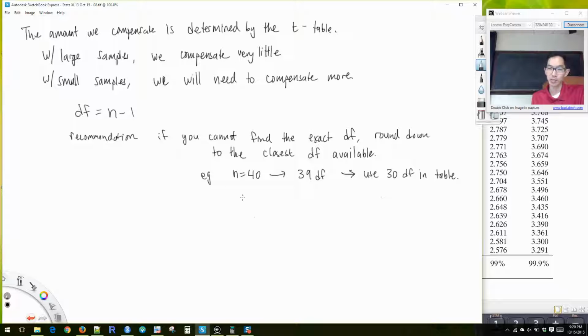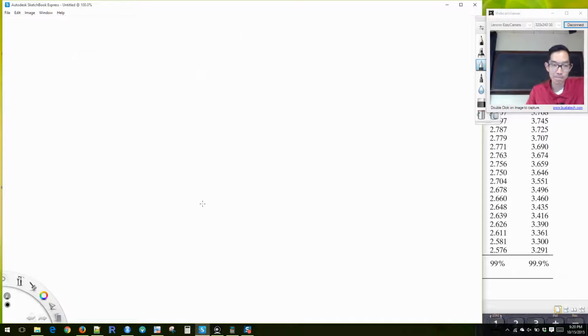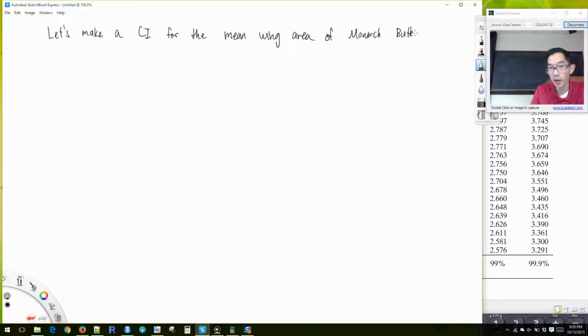Okay, so let's look at our monarch butterfly data and make a confidence interval for the mean wing area of butterflies. So we have a sample of 14.